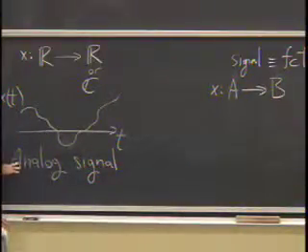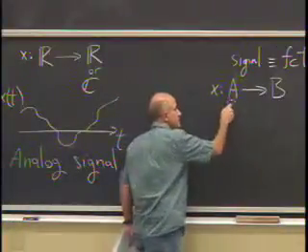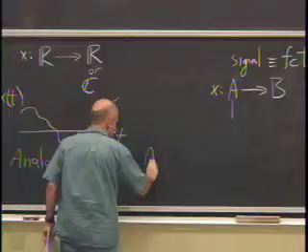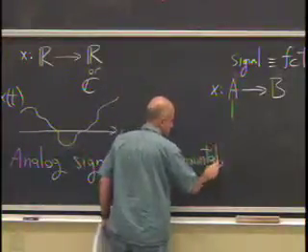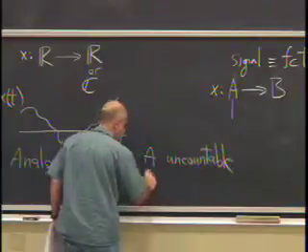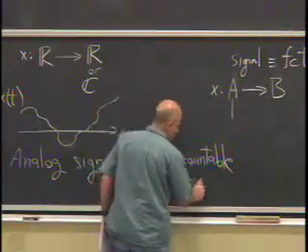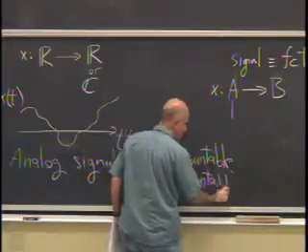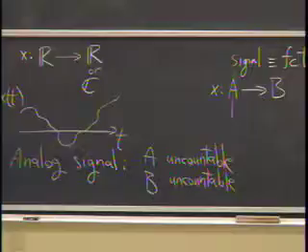An analog signal is a signal whose domain is uncountable and whose range is uncountable. What do I mean by uncountable? What does that mean? I mean, you don't even have to have read Appendix A to make a comment on this. What does uncountable mean?